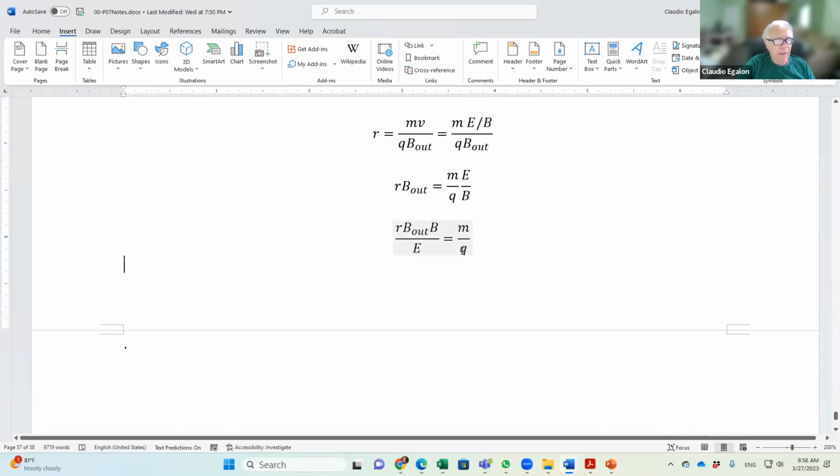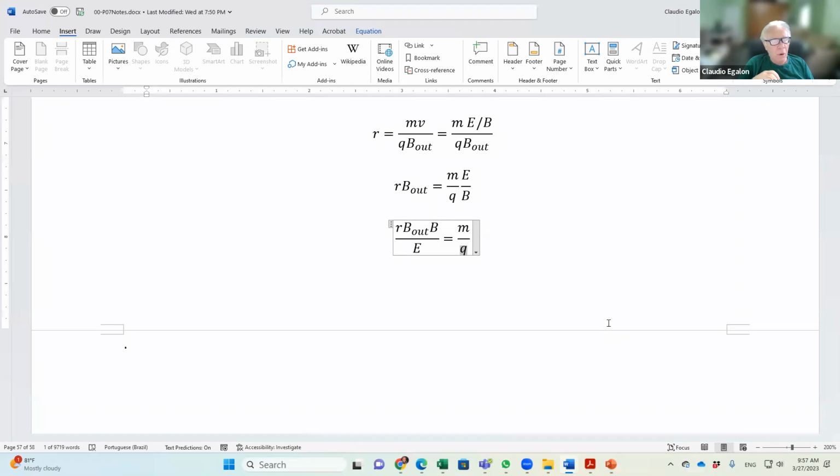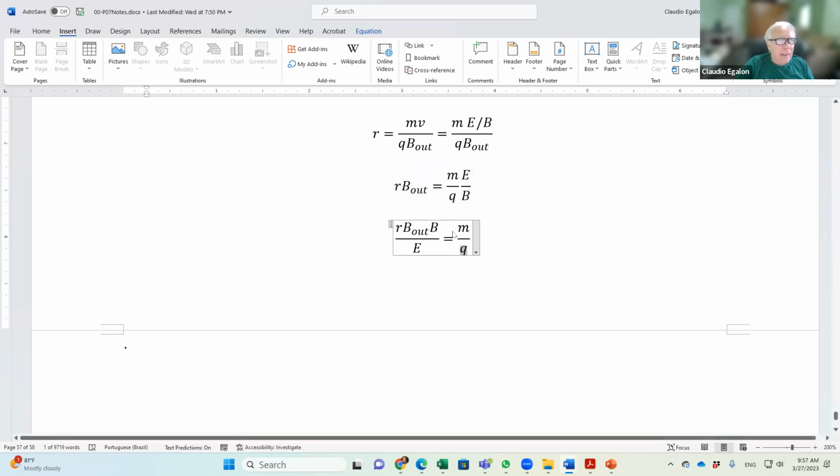Okay, and you can assume that the charge of the particle is -1 e, right? Because in general, it's much easier to produce an atom or even a molecule with one electron stripped out of it. So if you know the charge of the particle, you can determine the mass of the particle. That's the beauty of this device.